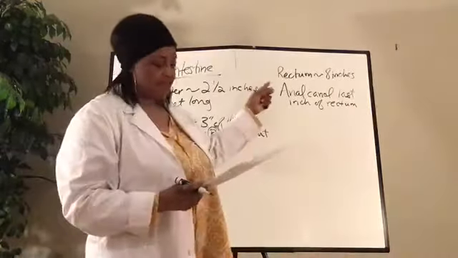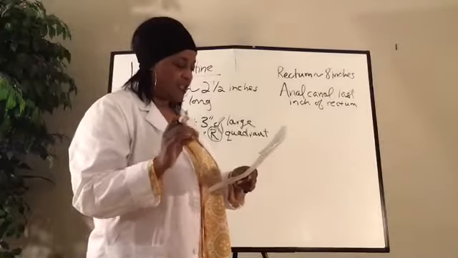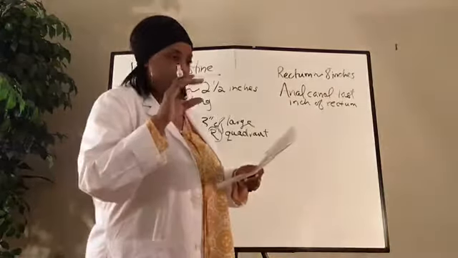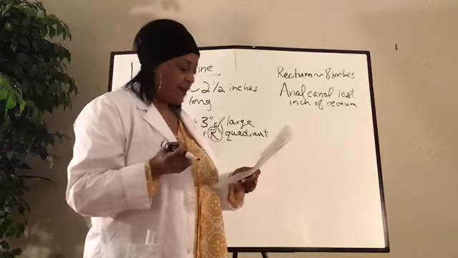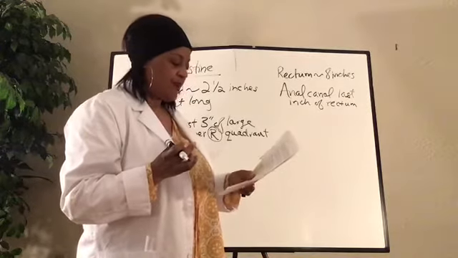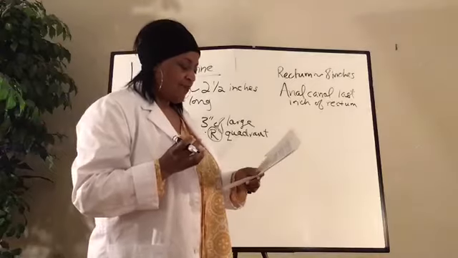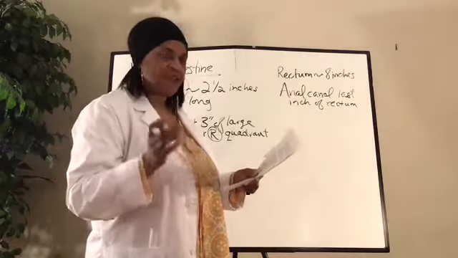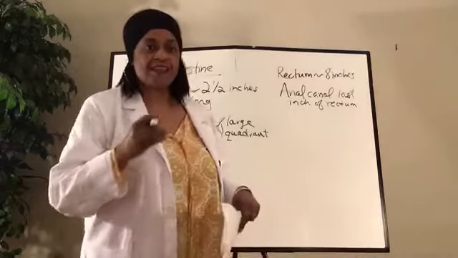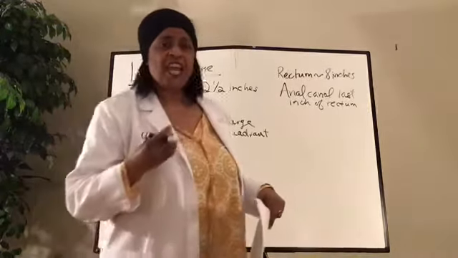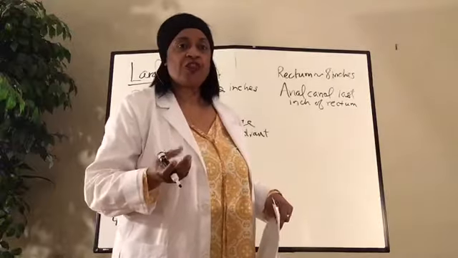And in this anal canal, the last inch, it contains some anal columns that have an artery and a vein in them. And so each column has an artery and a vein. And sometimes these veins can become enlarged, and we call those hemorrhoids.